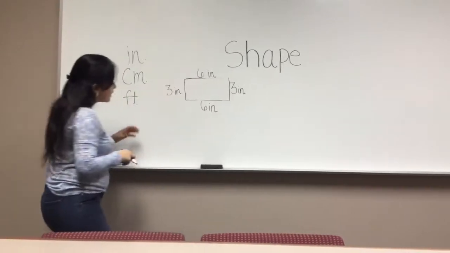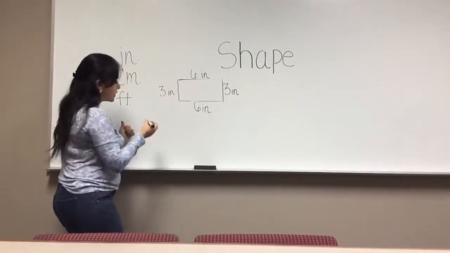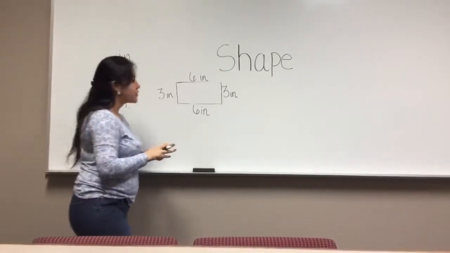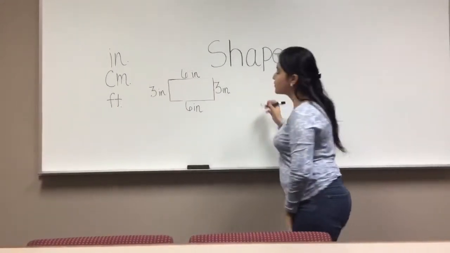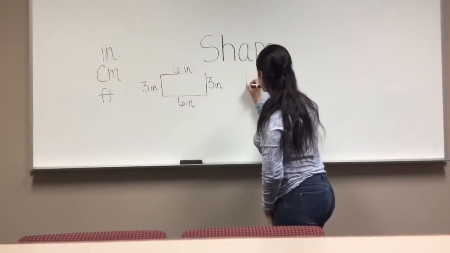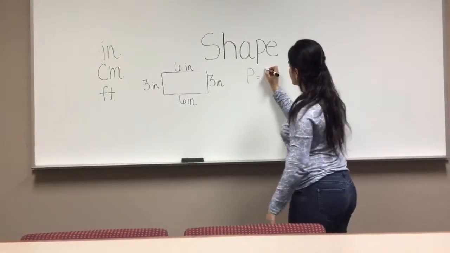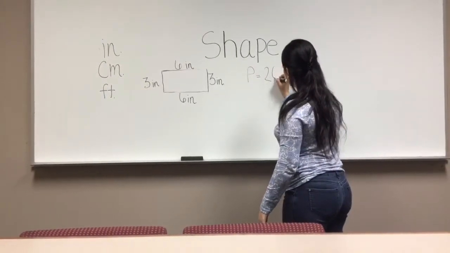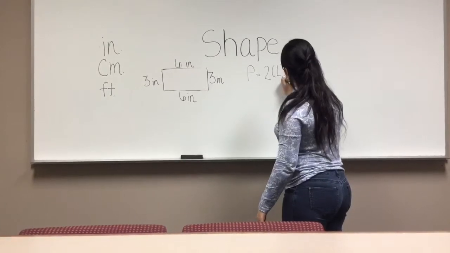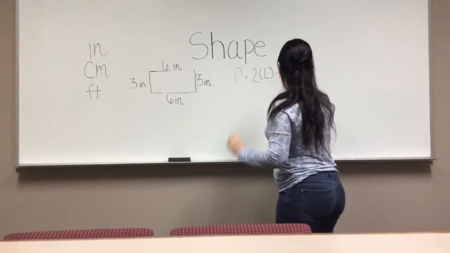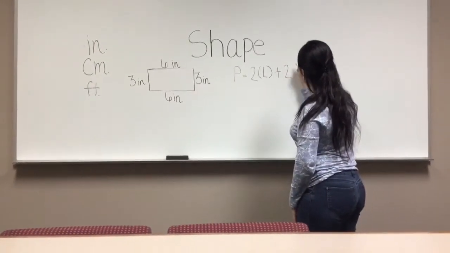Okay, so now let's put the formula for perimeter. The formula for perimeter is perimeter equals twice the length plus twice the width.